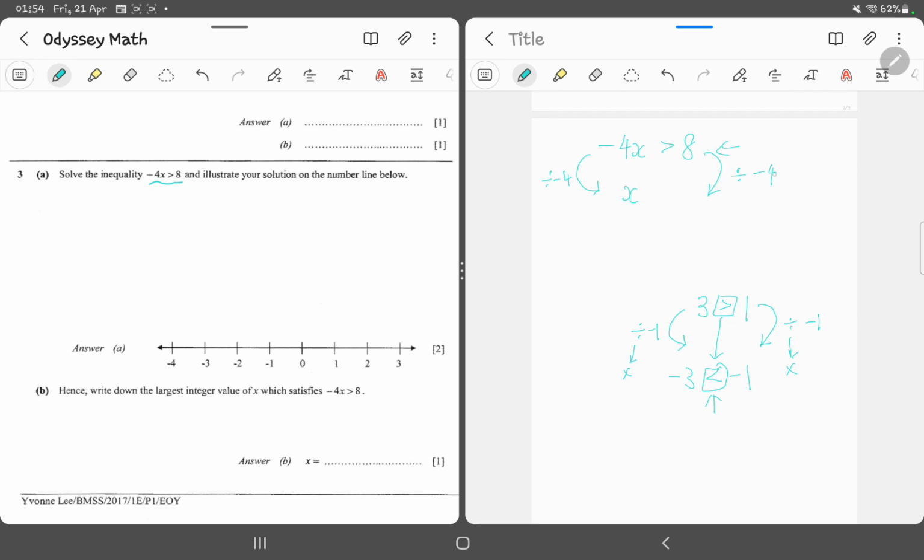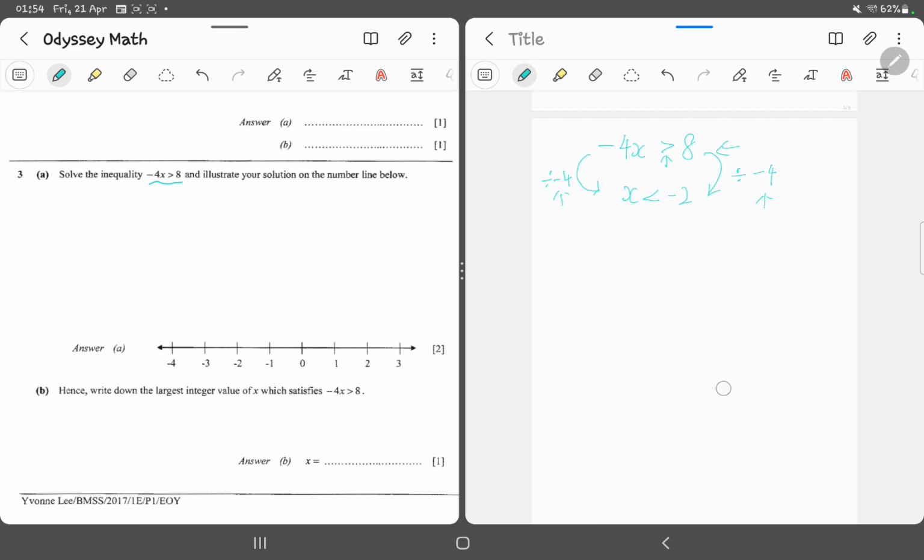So 8 divided by minus 4 is actually minus 2. So minus 2 over here. And because we divide by a negative number, we have to swap the sign. This is more than, now we swap it to less than. So that is the answer for the inequality: x is less than minus 2.